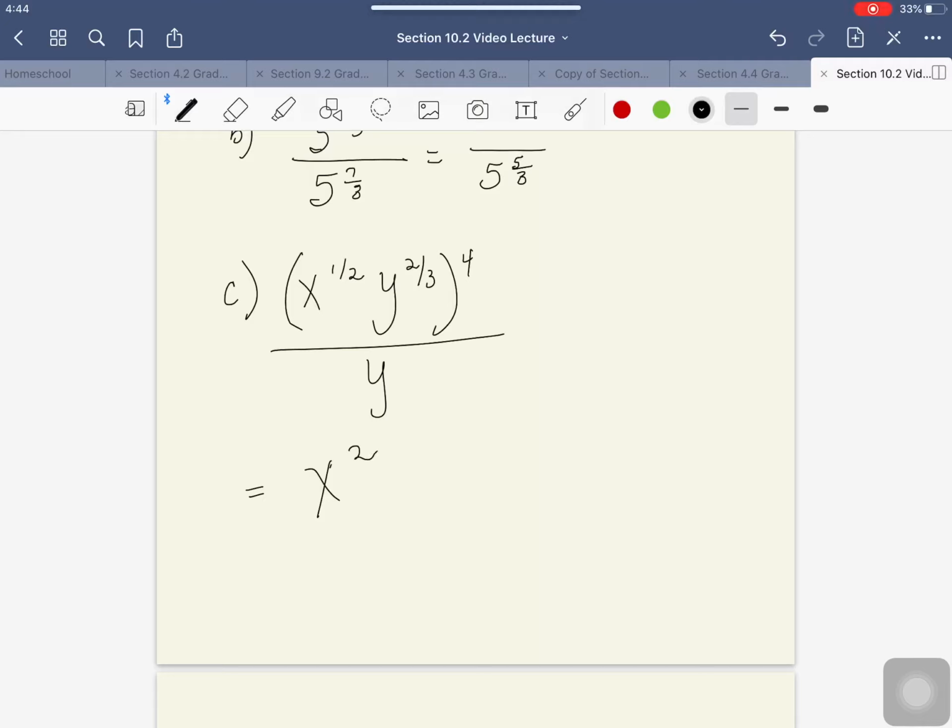And then 2/3 times 4 is 8/3, so y to the 8/3 over y to the first power. So the first power, I can write that as the same as 3 over 3 because I want to have a common denominator. And then you'll subtract, and so that'll be x squared y to the 5/3.